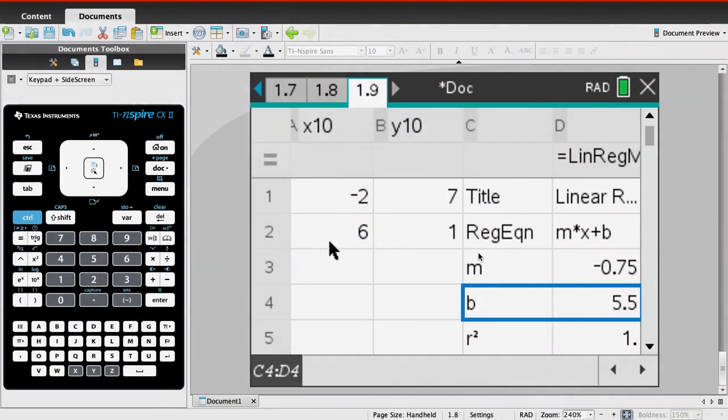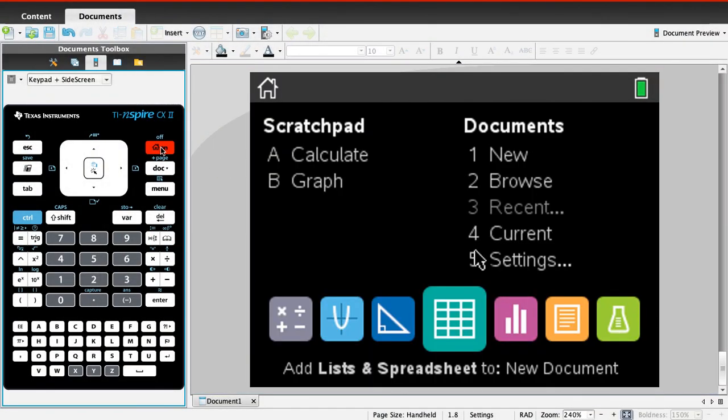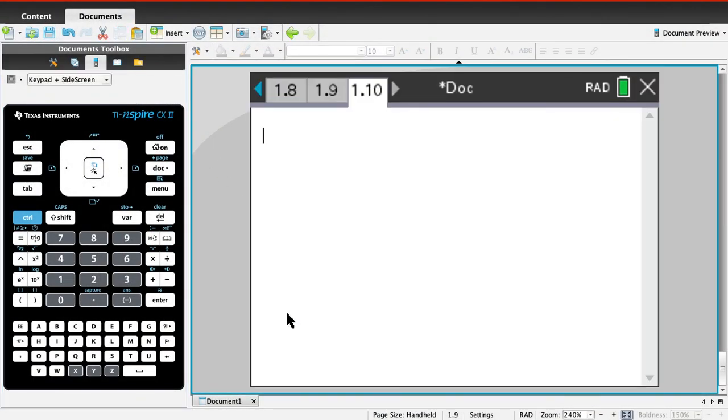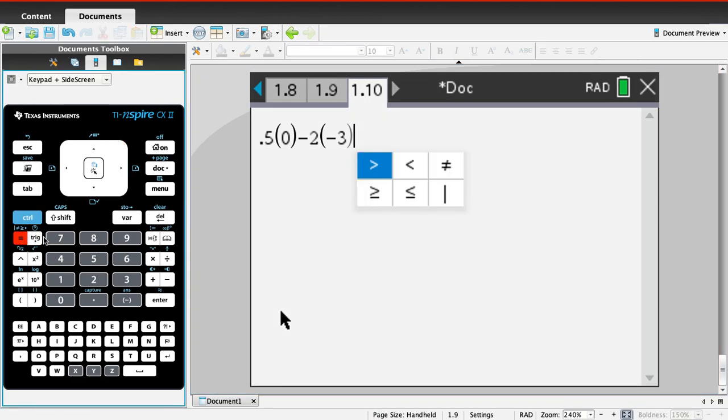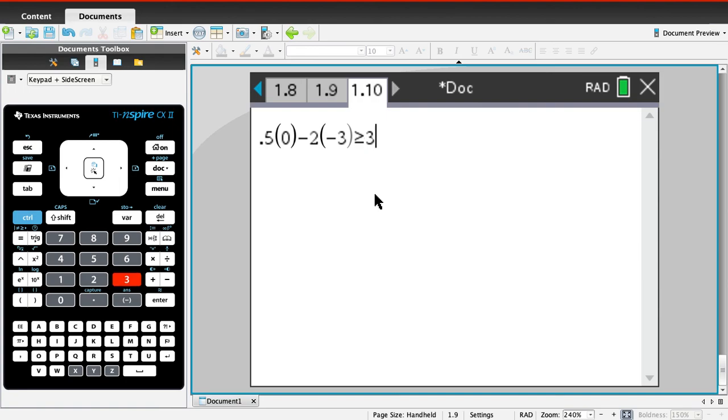So let's head over to the calculator. I'm going to go to my calculator page, and I'm going to say 0.5 multiplied by my x minus 2 multiplied by my y should be greater than or equal to. So I'm going to hit Control equal, greater than or equal to, positive 3. It says true. That is definitely a solution.